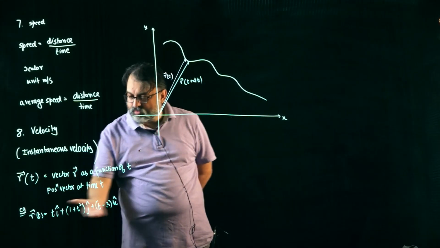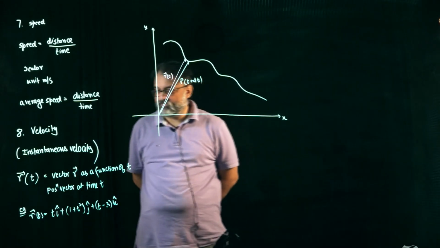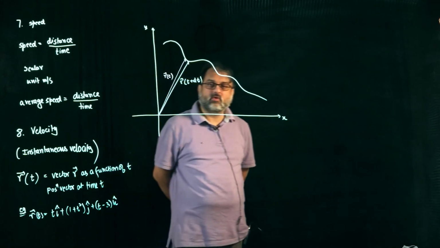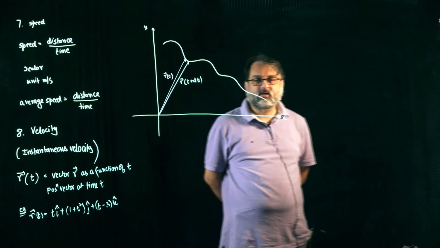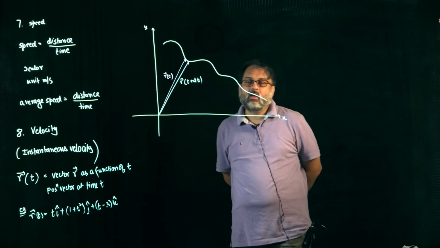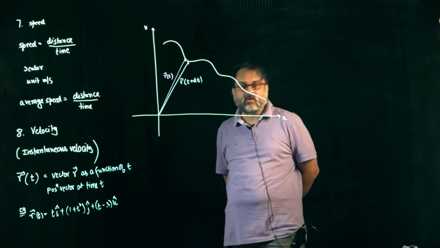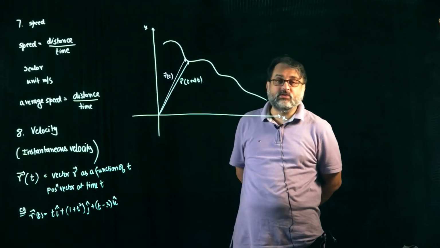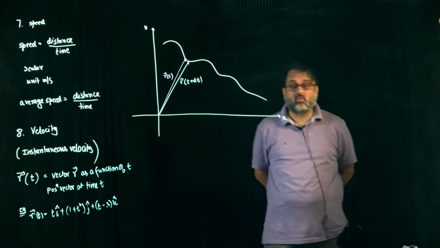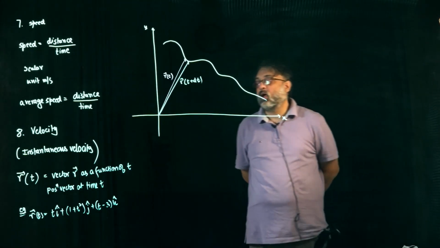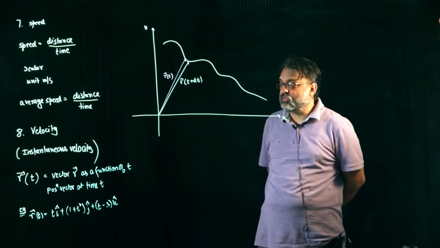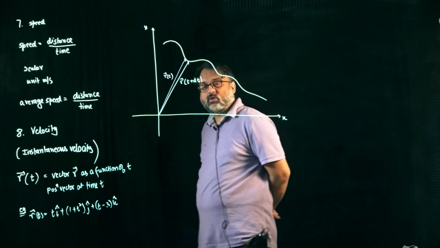This is an example of a vector function. If there is any confusion in your mind about what a vector function is, there should not be, right? You already know in depth the meaning of a function. We have done fog, gof and so on. We have done all that work, right? Function you already know. Vectors also you already know.